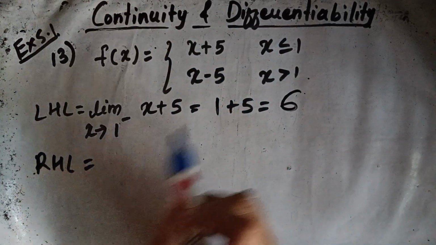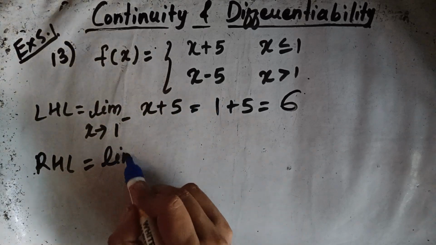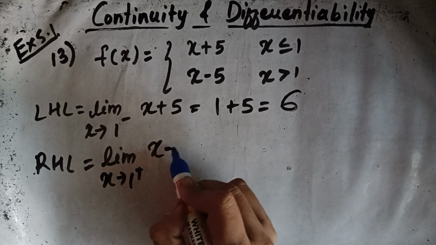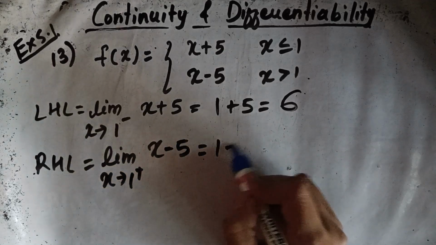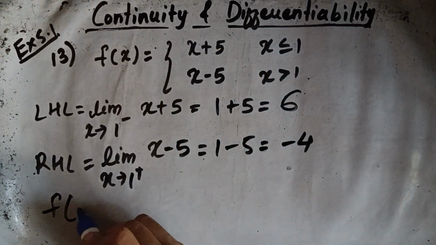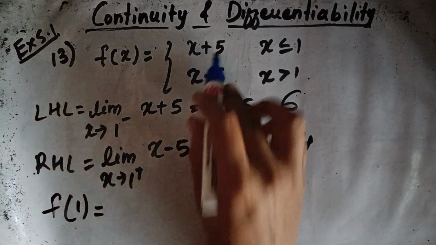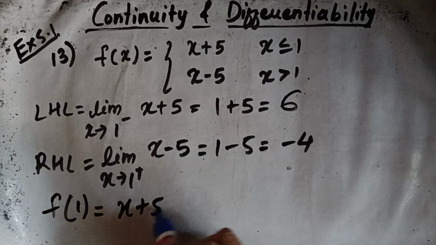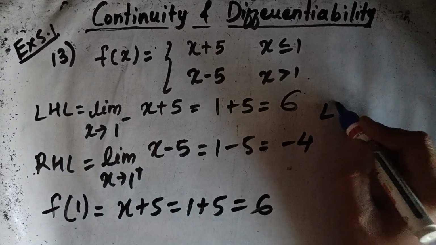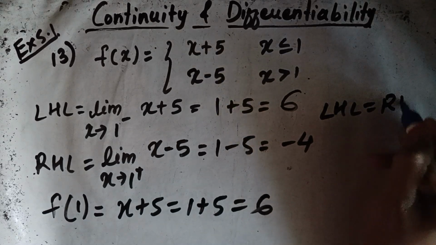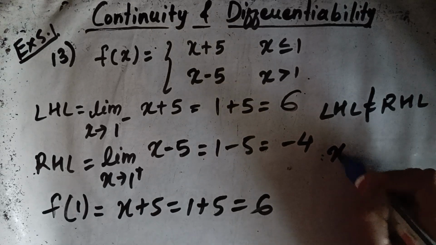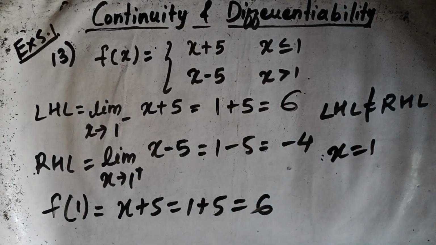RHL, we have to take x minus 1, so 1 minus 1, which is 0. At f of 1, you have to take x plus 5, so 1 plus 5, 6. So again here LHL is not equal to RHL. So we can say that at x equal to 1 the function is discontinuous.